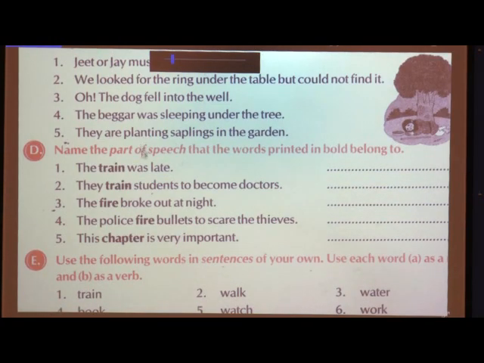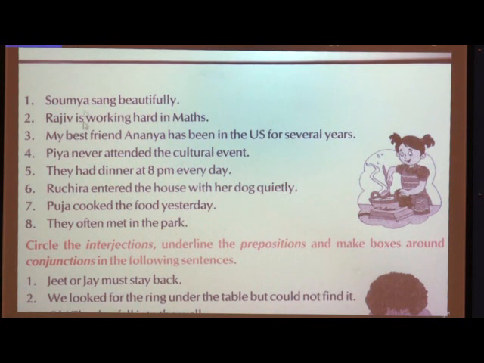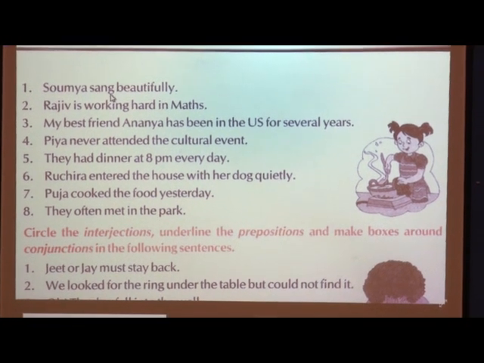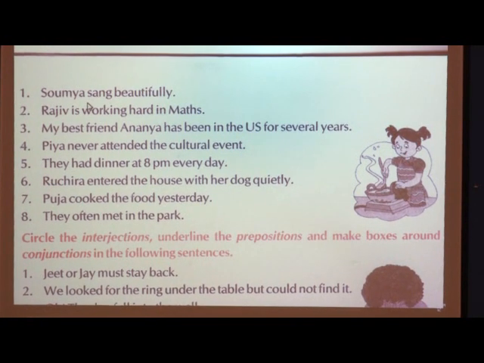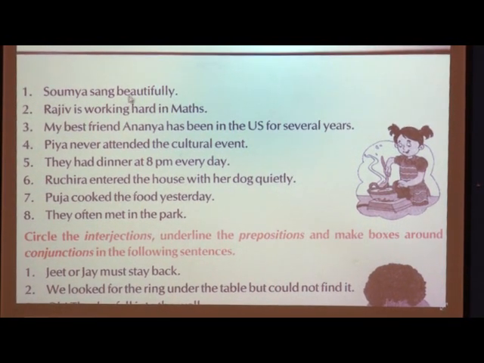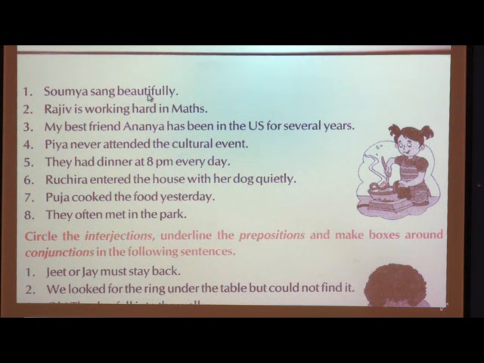The first example: Soumya sang beautifully. What is the verb over here? Yes, sang is a verb. So, you are going to underline sang and circle the adverb beautifully, because it tells something more about the verb.